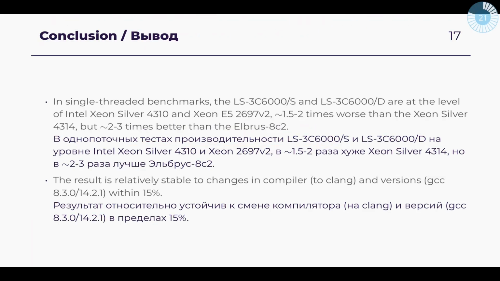And go to conclusions. In single thread benchmarks, Loongson 3C6000S and 3C6000D are at the level of Intel Xeon Silver 4310 and Intel Xeon E5 2697V2, 1.5-2 times worse than Intel Xeon Silver 4314, but 2-3 times better than the Elbrus 8C2.